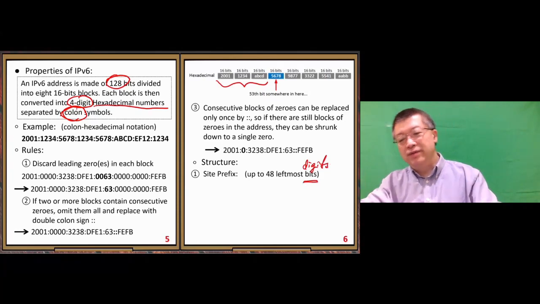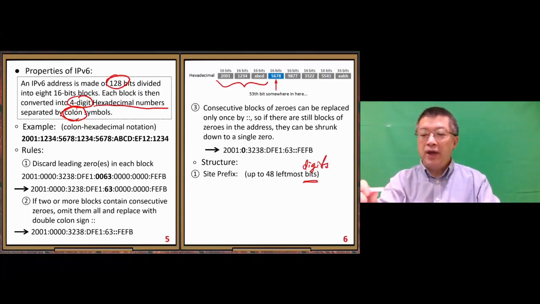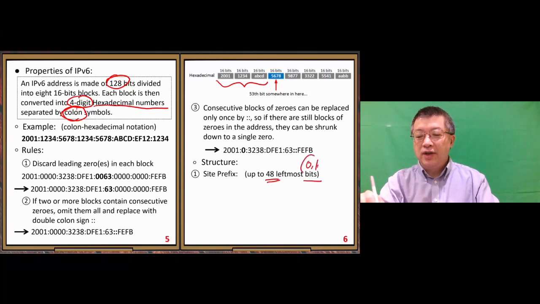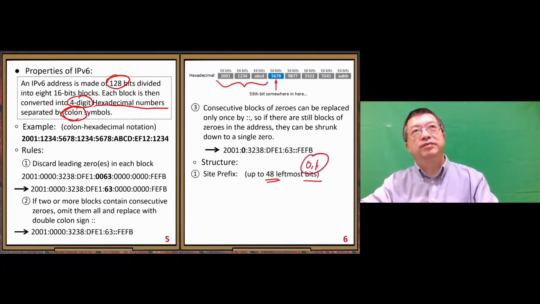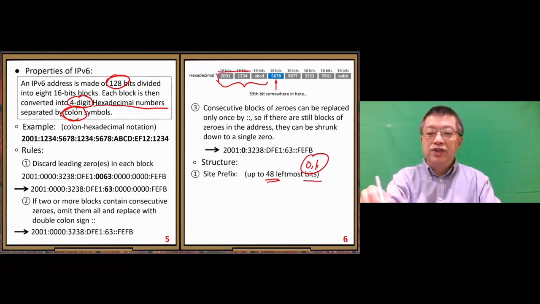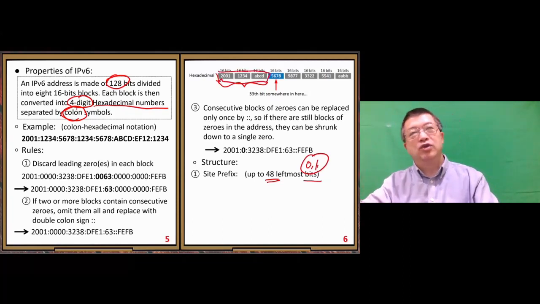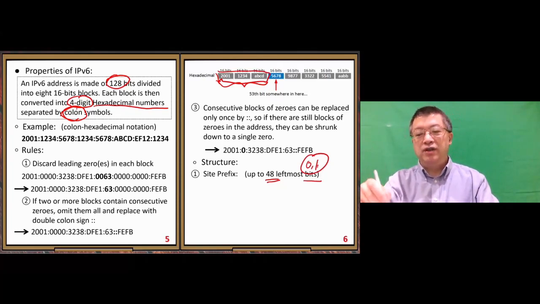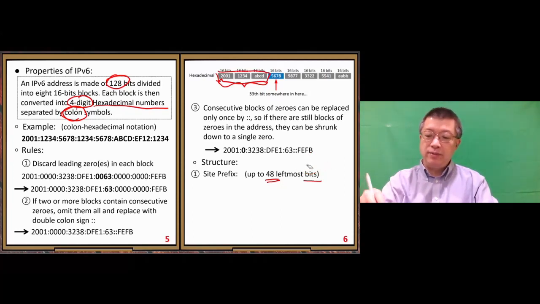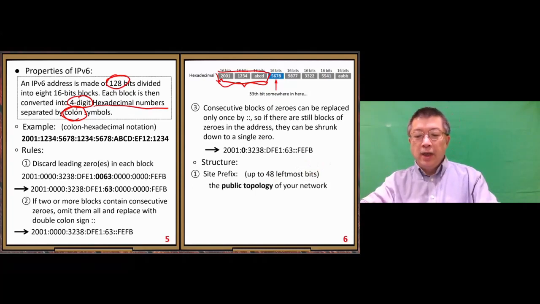Bits is okay here because we are talking about the original 0, 1 form; if we talk about the hexadecimal representation, it should be digits. So bits here, digits there. No problem. It is called the public topology of your network.